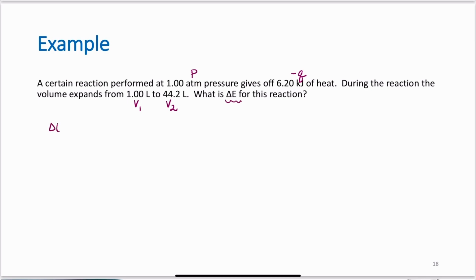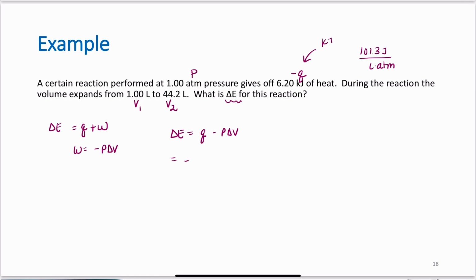Well, I know that delta E is equal to Q plus W. I know that W is equal to negative P delta V. Therefore, delta E is equal to Q minus P delta V. I've just told you that Q is negative because I'm giving off heat. Now, my conversion I'm going to use is 101.3 joules per liter atmosphere.